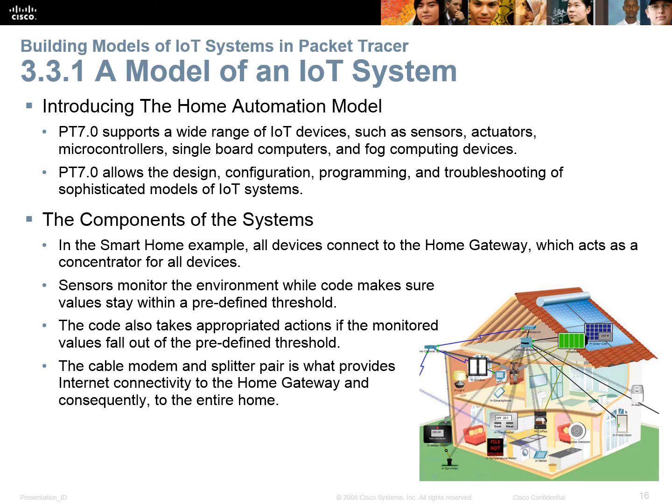Among the IoT devices supported by Packet Tracer 7.0, it is possible to highlight programmable models of sensors, actuators, microcontrollers, single board computers, and fog computing devices. This allows the design, configuration, programming, and troubleshooting of increasingly sophisticated models of IoT systems.